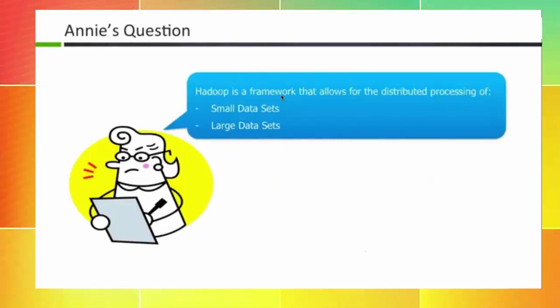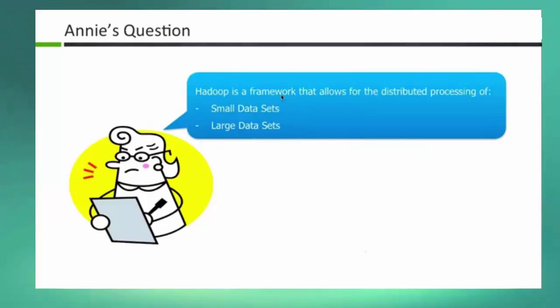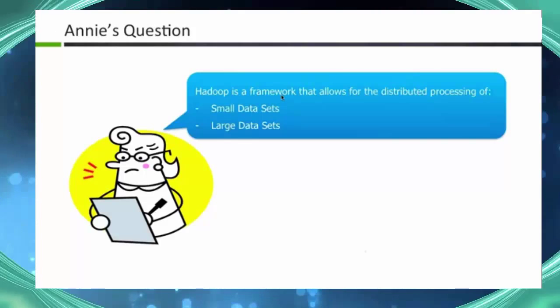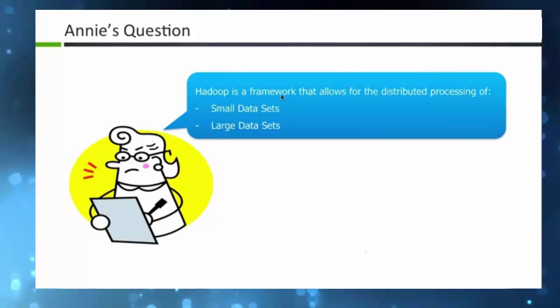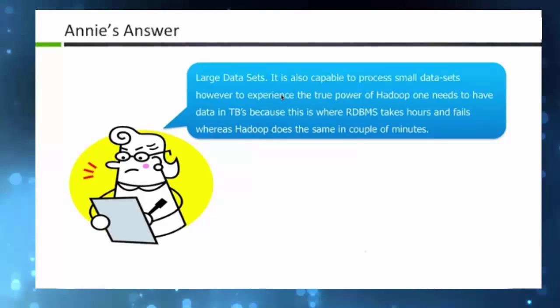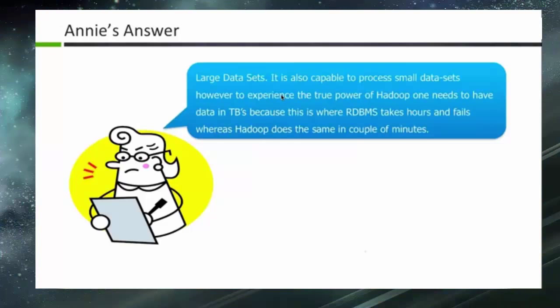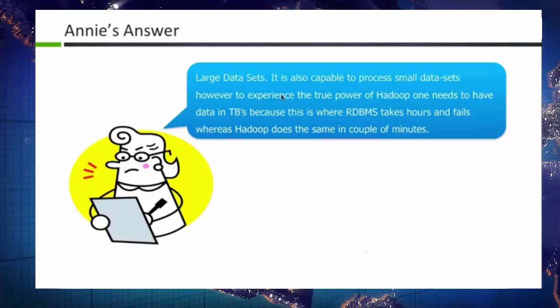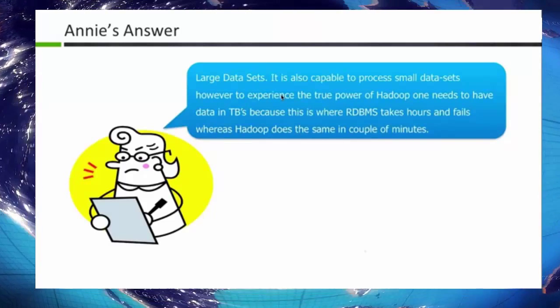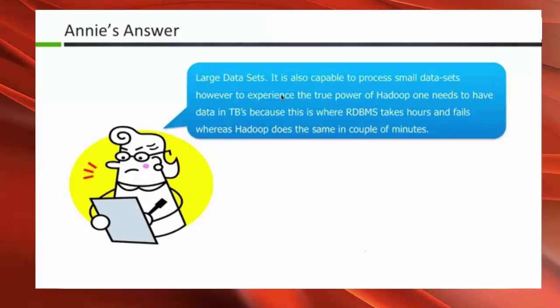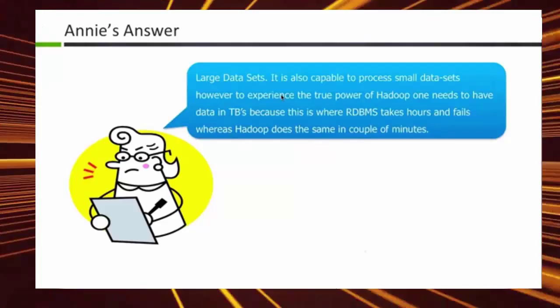Annie is back and she wants to ask a question: Hadoop is a framework that allows distributed processing of. Very simple question. The reason this question is put in is that it is not that you cannot handle small data sets. You can handle small data sets as well, but there is an overhead associated with each data distribution which happens. So if you have small data sets, you will not get a huge advantage by using Hadoop.